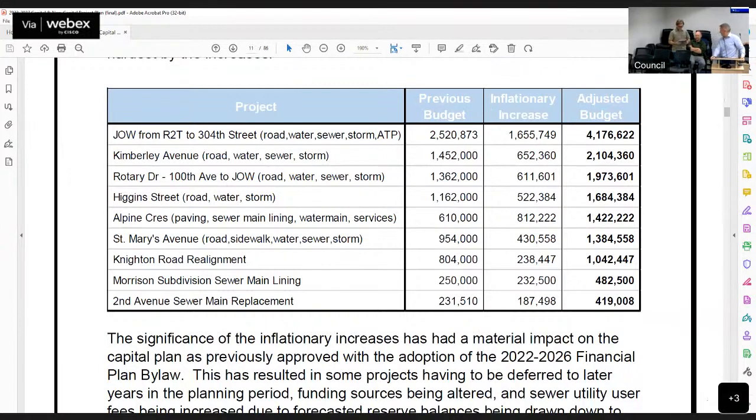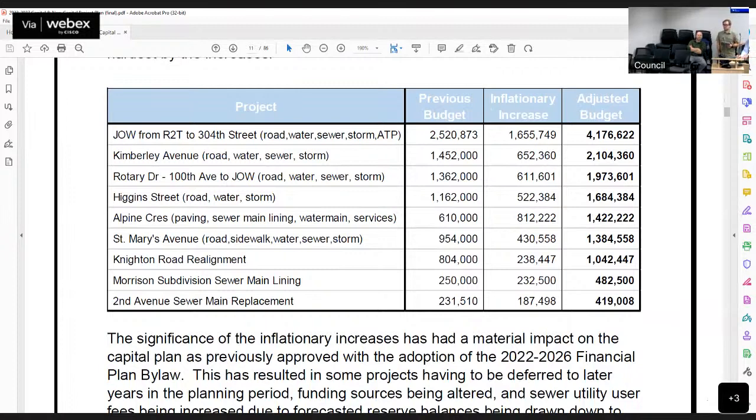Thank you, Councillor McBain. Yeah, so some of these we're seeing significantly higher inflationary increases than others. Alpine Crescent is a good example. We plan to line all the sanitary sewers in that area. And in lining, the resin that we use to do the lining has increased 300% this year.